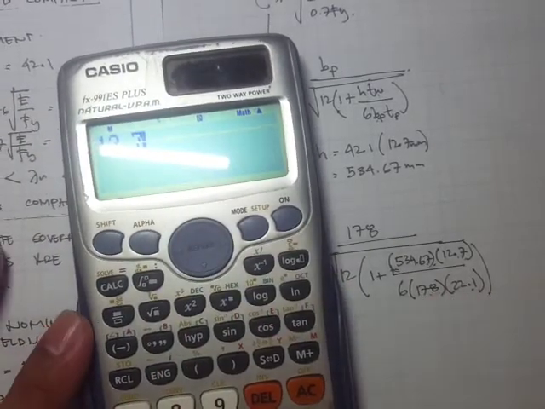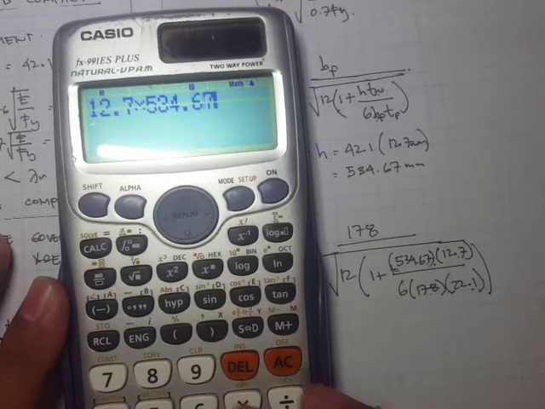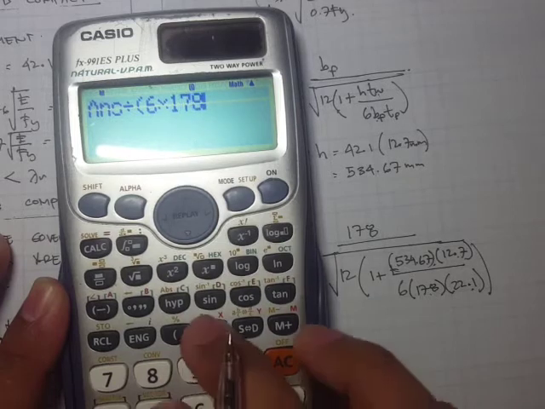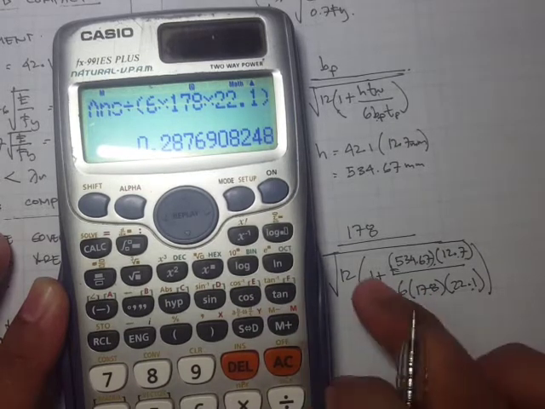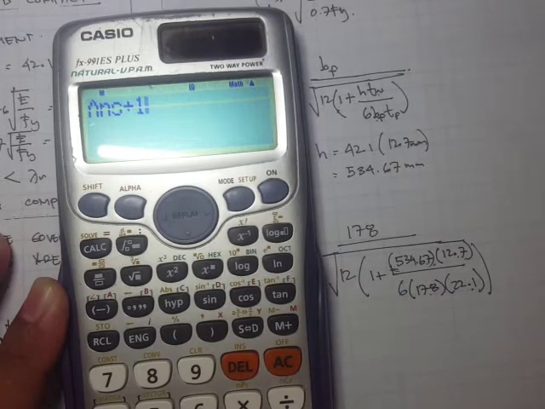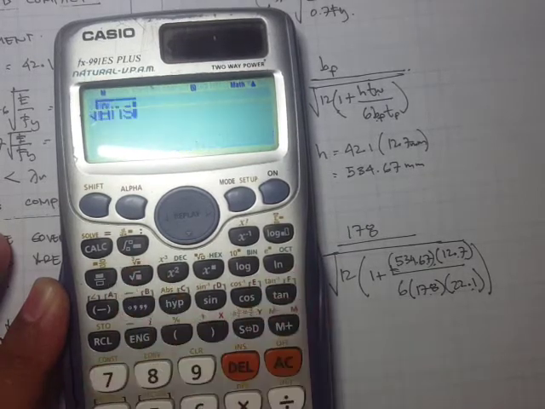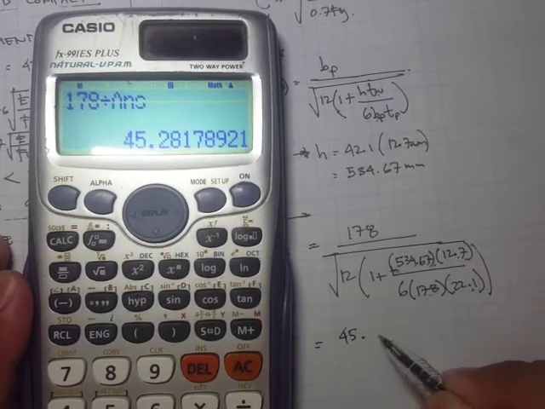12.7 times 534.67 divided by 6 times 178 times 22.1, and we add this plus 1, times 12, and we take the square root, then 178 divided by the answer, we get a value of 45.28.